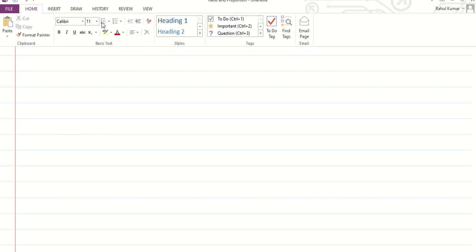Before that, let's understand the meaning of ratio. Let's take an example. Let's say there are three sections in a college: section A, section B, and section C. The number of boys in section A is, let's say, 10, section B is 15, and section C is 20.